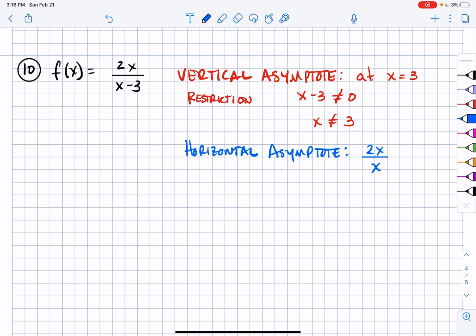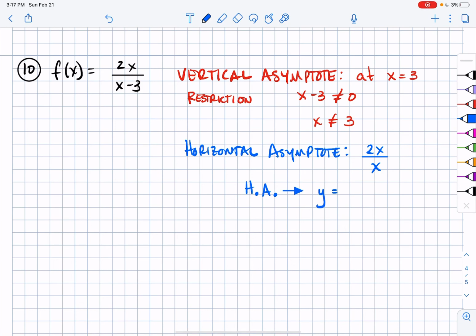Since the powers are the same, the horizontal asymptote is the ratio of the two, which is 2 over 1.